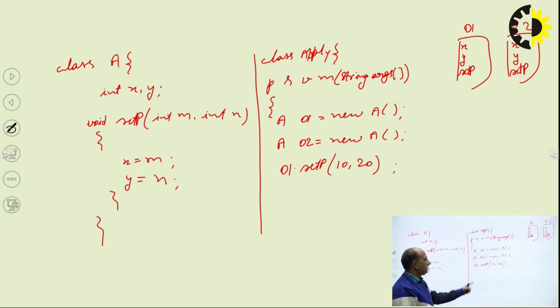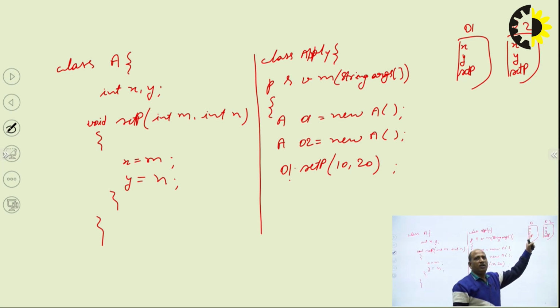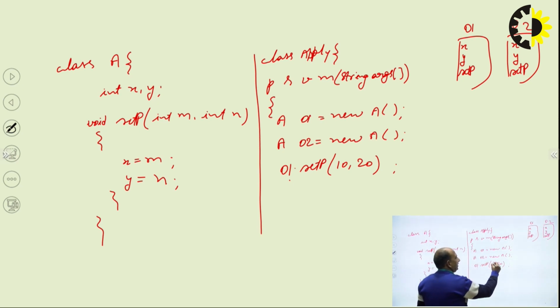So the setp function, the copy of setp belonging to O1, will be called, and it will initialize the variables x and y with the values we have passed. Here a jump of control is involved whenever we call a function, and so there is a problem with the efficiency of your program.